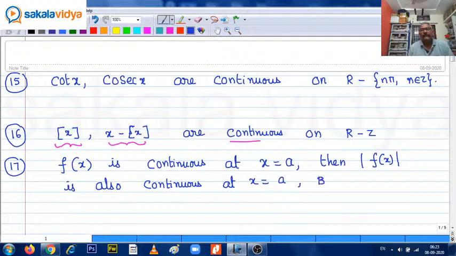But the converse is not true. Let me restate this: if mod f of x is continuous at x equal to a, f of x need not be continuous at x equal to a. But if f of x is continuous at x equal to a, then mod f of x is always continuous. The converse need not be true.